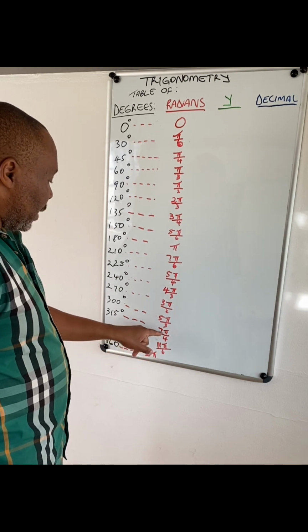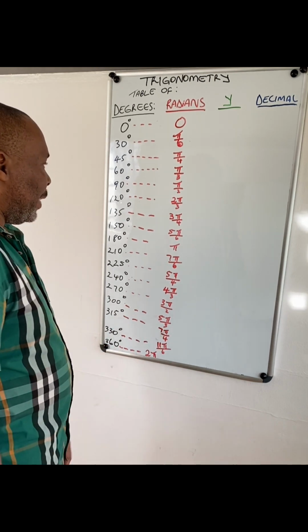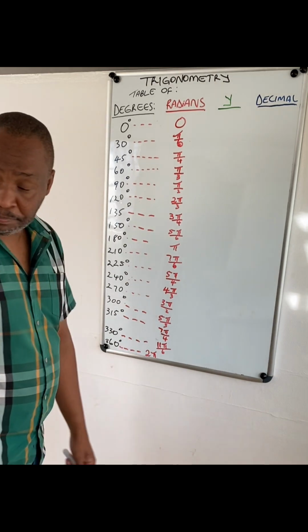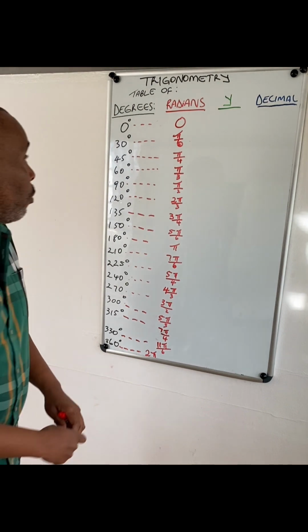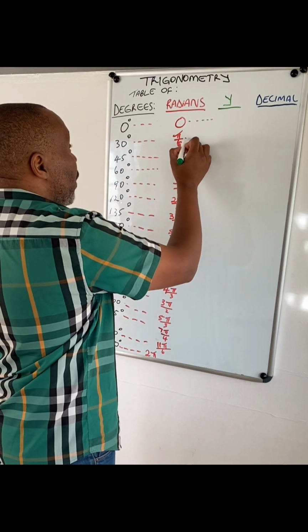At 315 degrees is 7 pi over 4, at 330 degrees 11 pi over 6, at 360 degrees it will be 2 pi. Right, what I want to do now is to move to the y values.